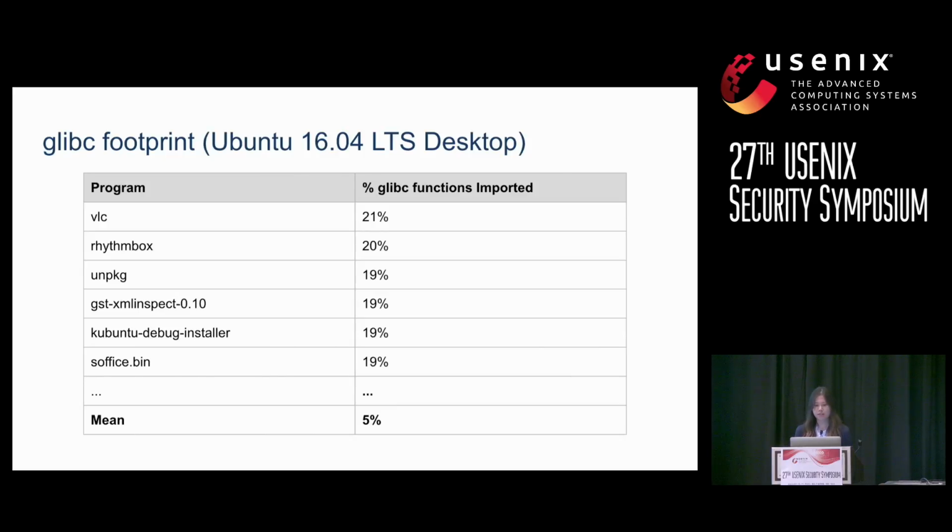We found that the program that imports most of Libc functions is VLC, and it only uses 21% of the glibc functions. Across those 2,000 programs, we found that only 5% of glibc's functions are imported by the program. What about other shared libraries?